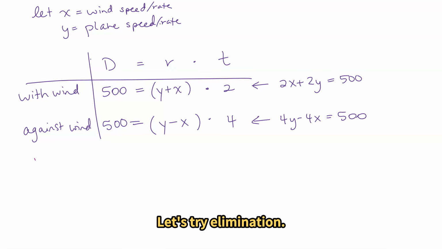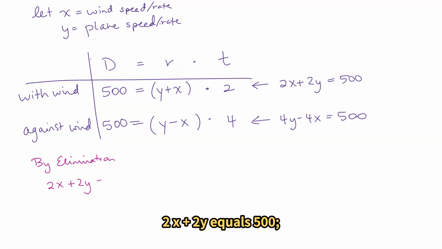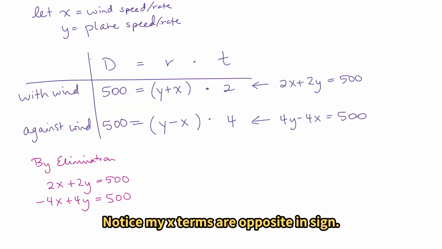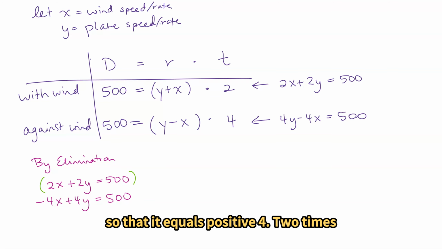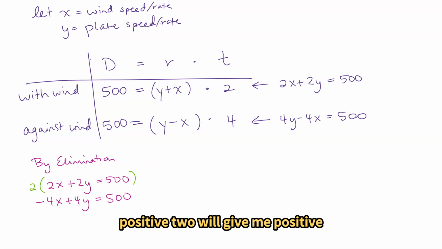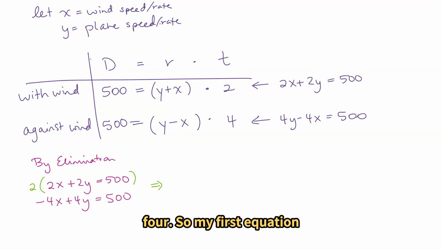Let's try elimination. 2x plus 2y equals 500. Negative 4x plus 4y equals 500. Notice my x terms are opposite in sign. So I could multiply this first one by some number so that it equals positive 4. 2 times positive 2 will give me positive 4.